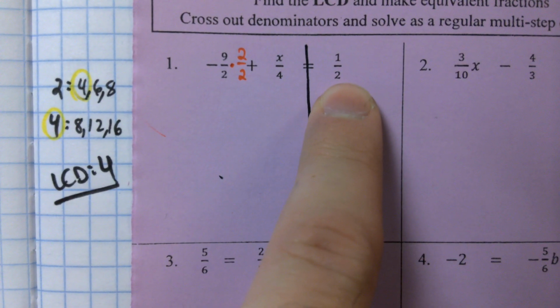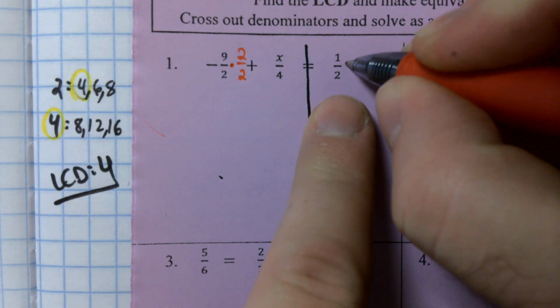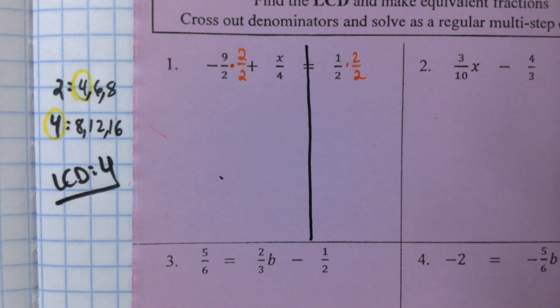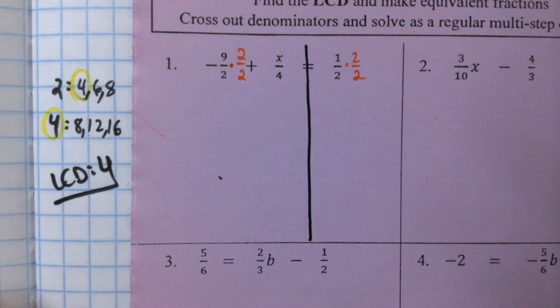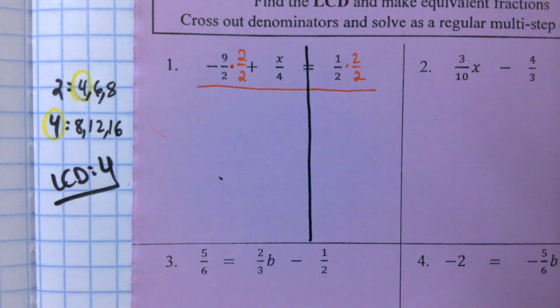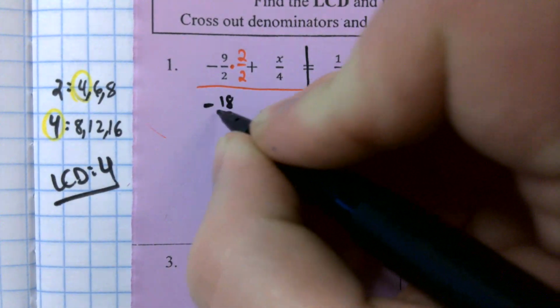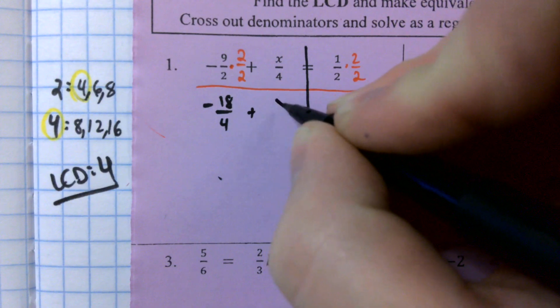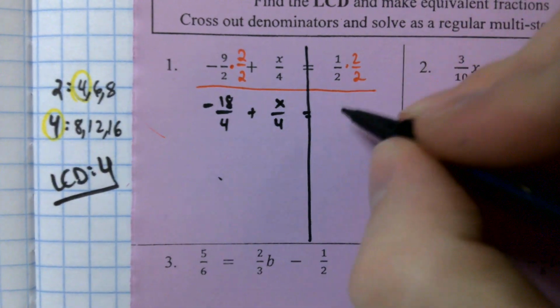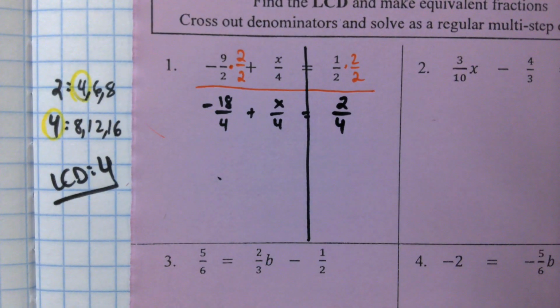What can I multiply 1/2 by? 2 over 2 again. I'm going to do a line under it. What's negative 9 times 2? Negative 18 over 4, plus x over 4 equals, what's 1 times 2? 2 over 4.